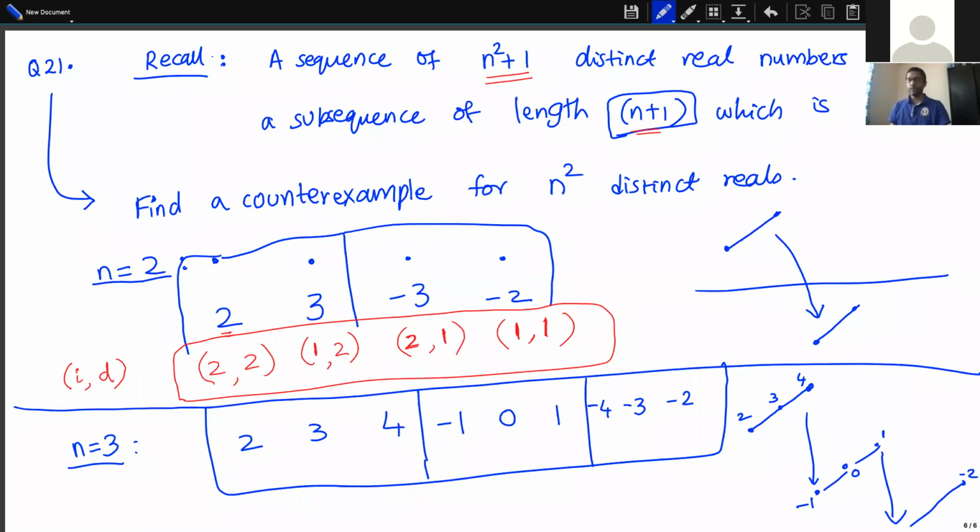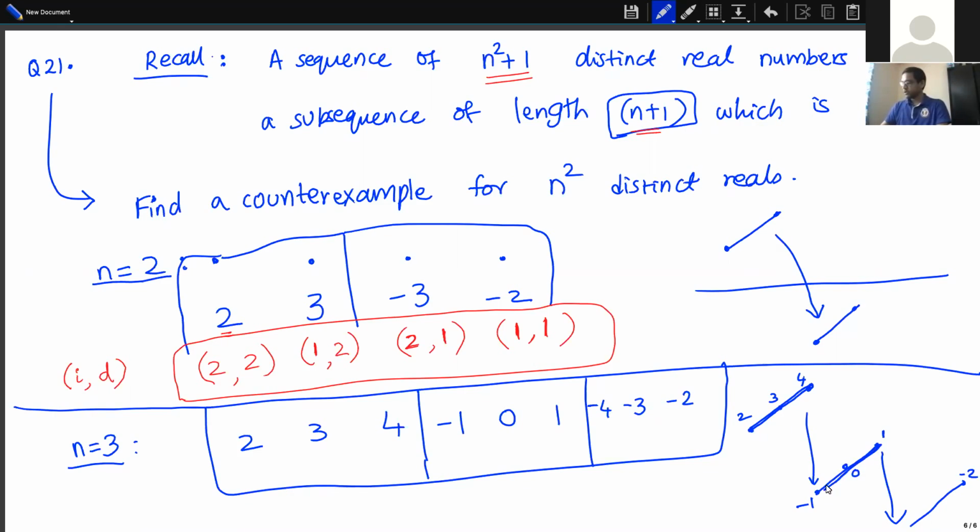Length 4 increasing subsequence. Let's look for a length 4 increasing subsequence. Can anyone prove to me that this is a length 4 increasing subsequence, just from this picture? I mean, we constructed it in a certain clever way, right?